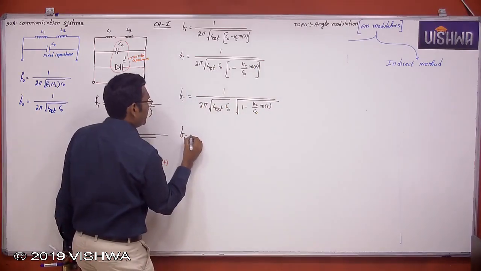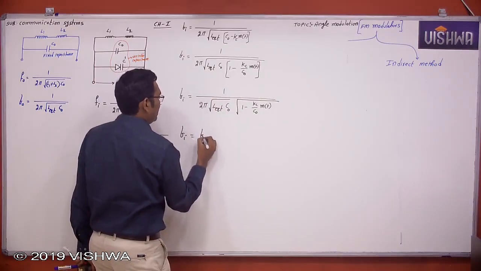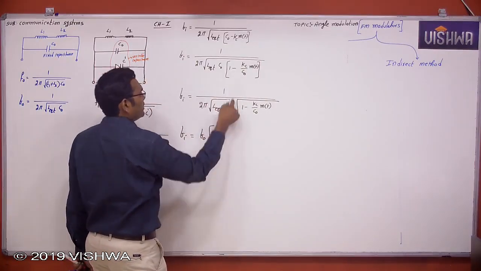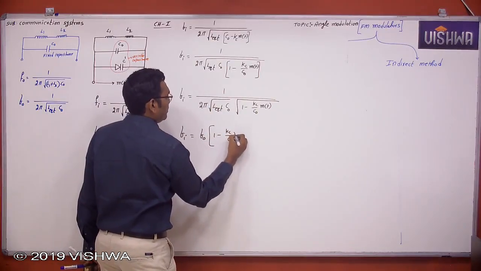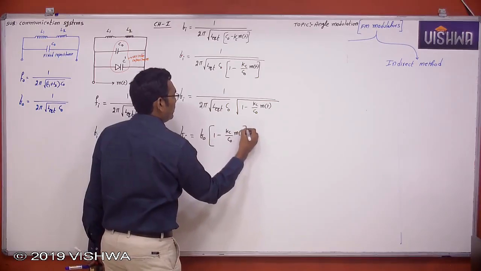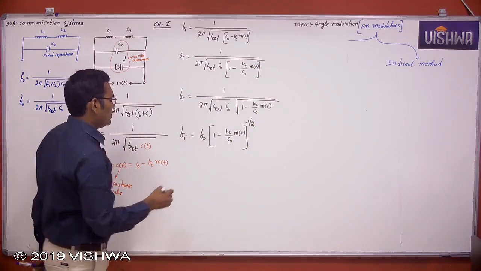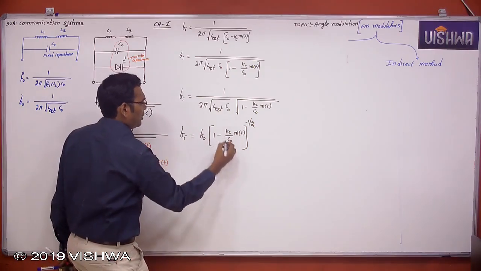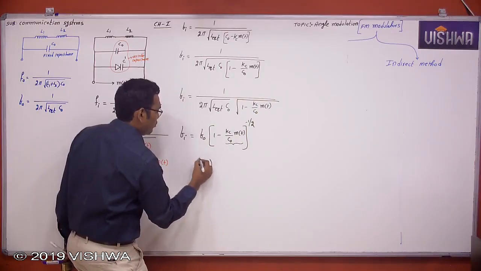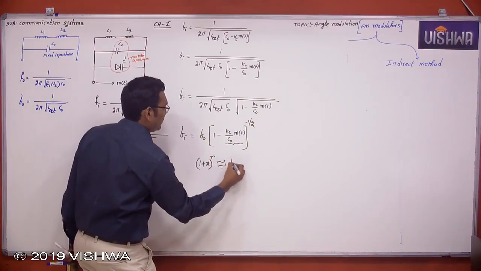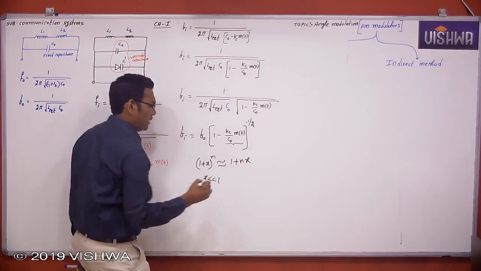Fi is equal to 1 by 2 pi root L equivalent C naught, which is nothing but F naught, into (1 minus Kc by C naught into m of t) whole power minus 1 by 2. Now see here, this is a small value, 1 plus x whole power n is approximately 1 plus nx, where x is a small value compared with 1.